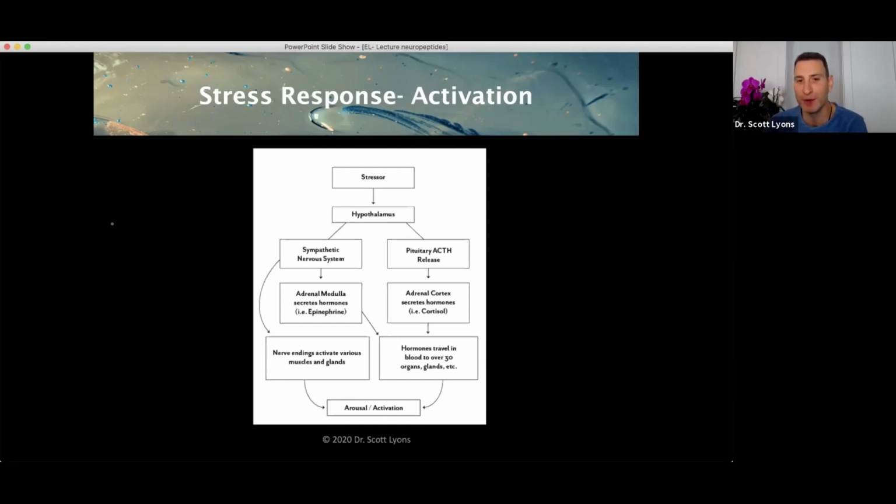So at the top here, we have stressor, which is a stimulus. That's all it means, essentially. It's kind of less dramatic than we might hope, but stressor just means the stimulus. And I'm shortening this part, so for those who are super into the neuroanatomy, I am simplifying it just a wee bit.